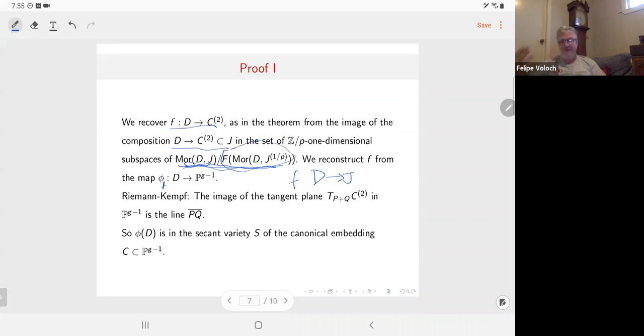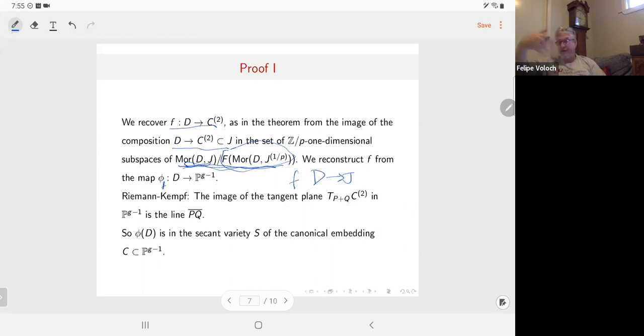The Gauss map is a derivative, right? It's the tangent directions of my map. So the Gauss map only depends on the class of the map in this quotient group. And this quotient group, as we discussed in the statement of the theorem, is finite. This is the finite thing that I'm looking at.